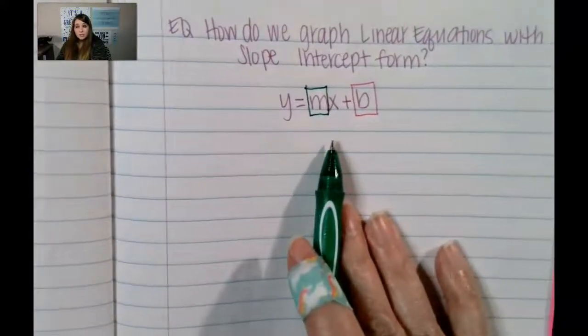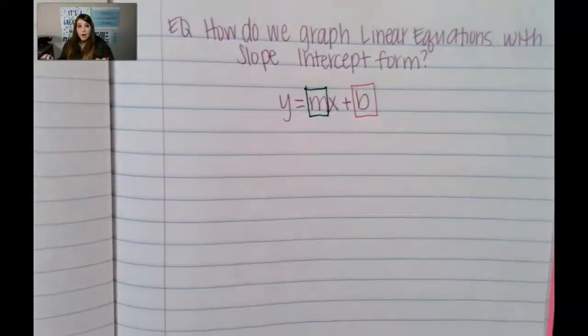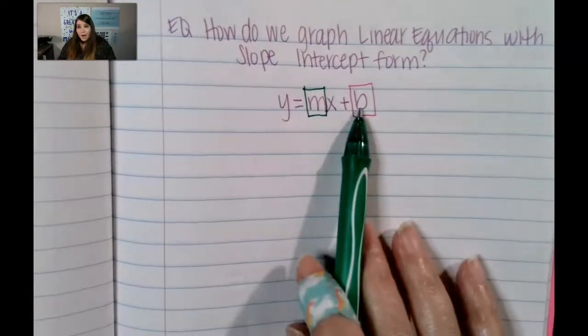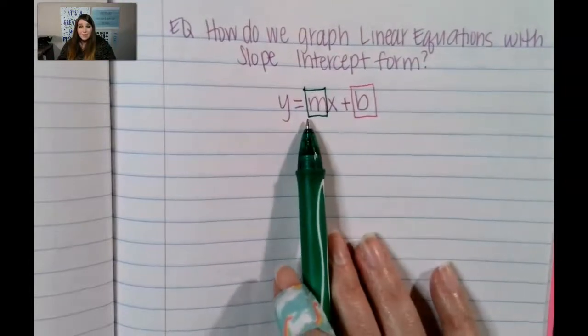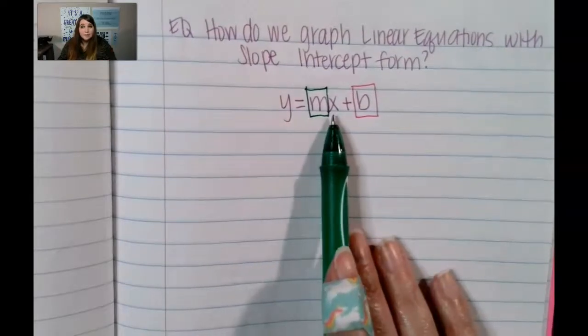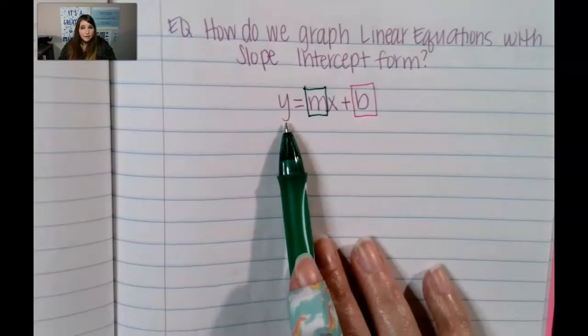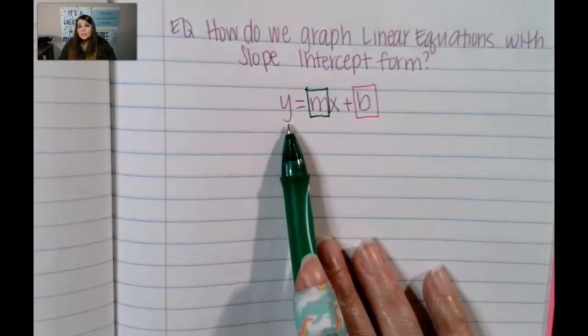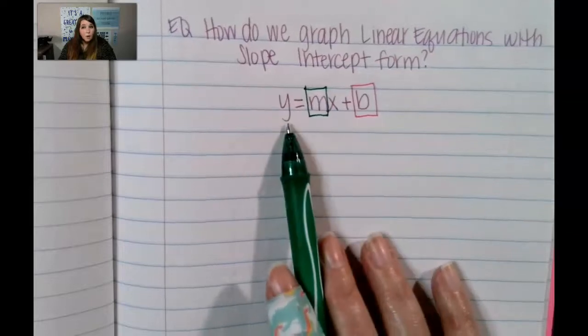Today what we're going to do is graph a line using only the y-intercept and the slope. In lessons past, you've been given the x value or the y value, and you've had to use substitution. Here, they're not going to give you the x or the y.